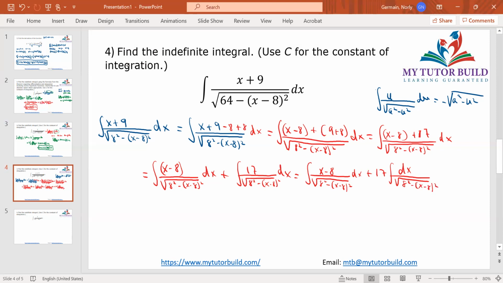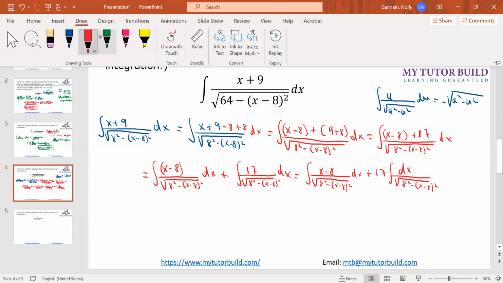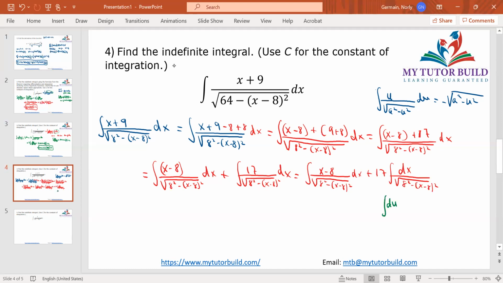Now, we know that for this one right here, du over square roots of a square minus u square gives us arc sinus u over a plus c.